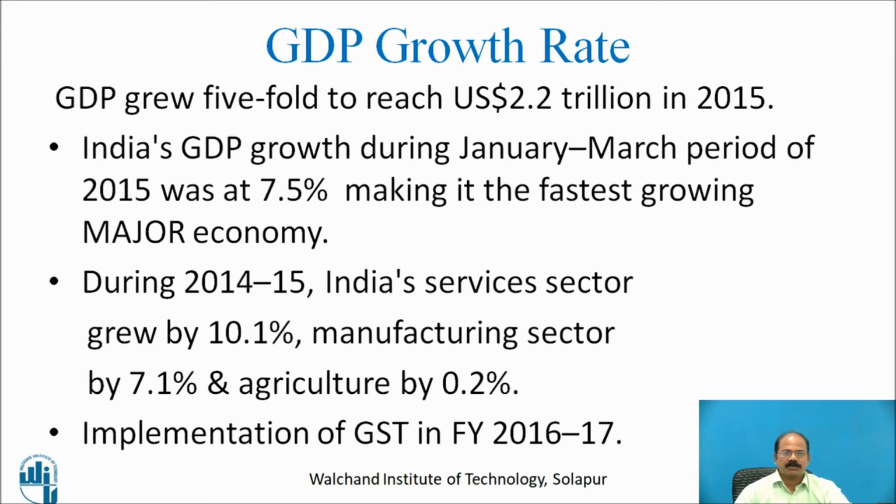GDP growth is another important component. GDP grew 5-fold to reach US$2.2 trillion in 2015. India's GDP growth during the January to March period of 2015 was at 7.5%, making it the fastest growing major economy.